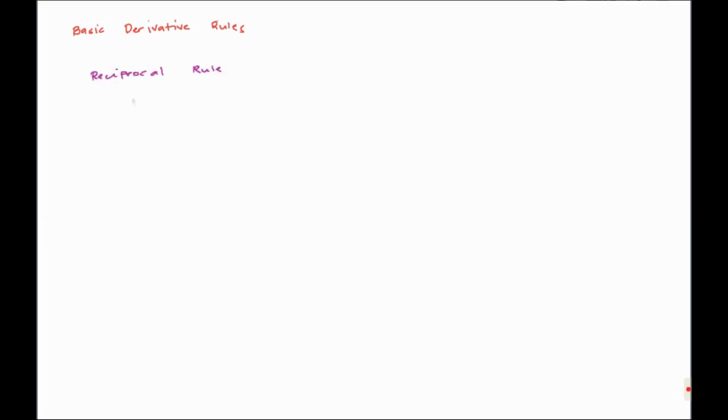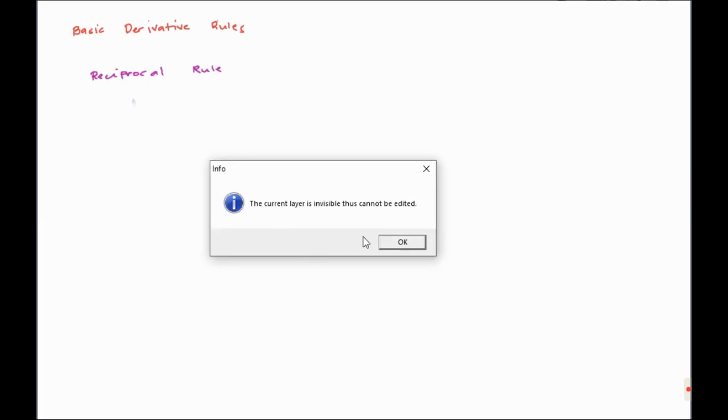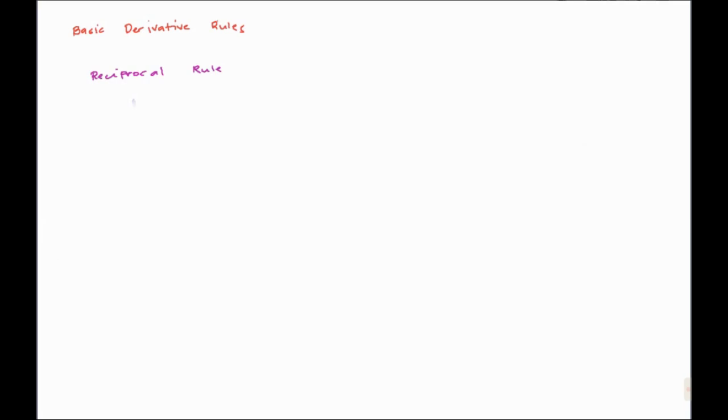Now, naglagay ako dito ng supposedly dapat tapos na talaga tayo eh. Yan, 30 minutes na. So reciprocal rule, hindi ko to sinama dun sa module kasi subtopic lang naman siya ng quotient rule. So pwedeng hindi na siya separated. If you have a function such as this, anong layer ba ako ngayon?